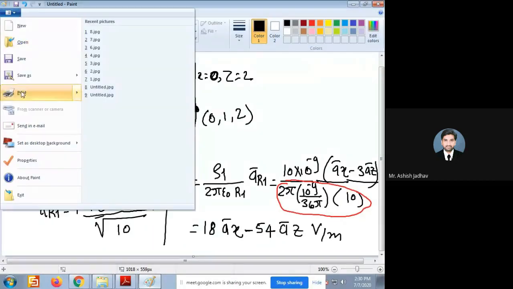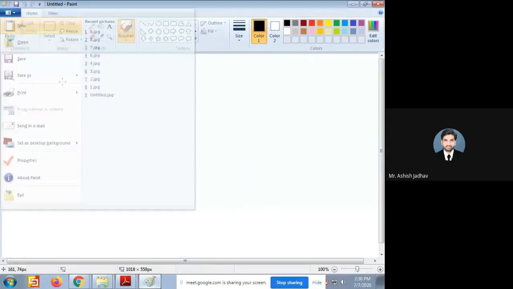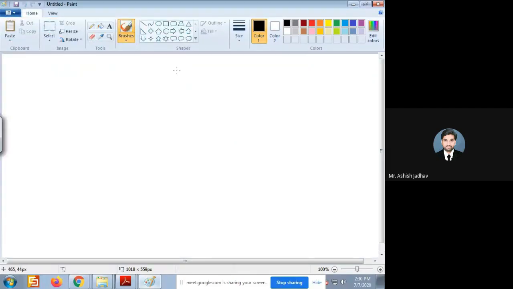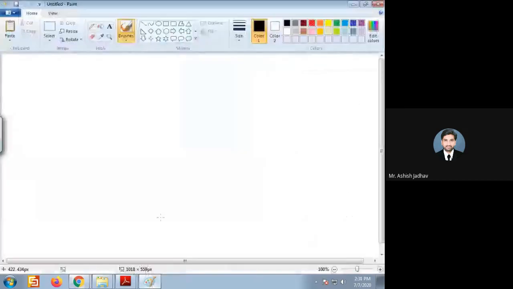To find this ES bar, we have a surface here. The surface is at x is equal to 4, I think, right?